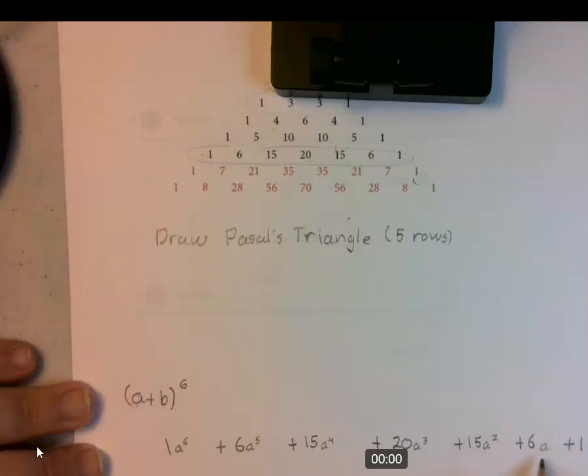A to the 1st, you don't write the 1, and then A to the 0, so it's not even there. Now coming back in this direction, you have B to this power to the 6th. B to the 1st, and then no B at all, B to the 0.